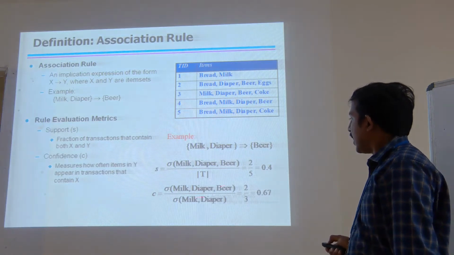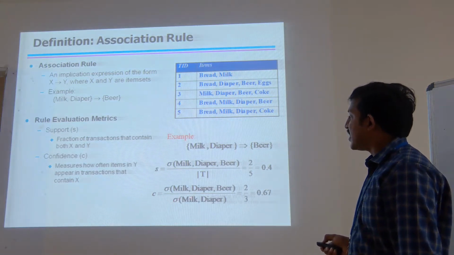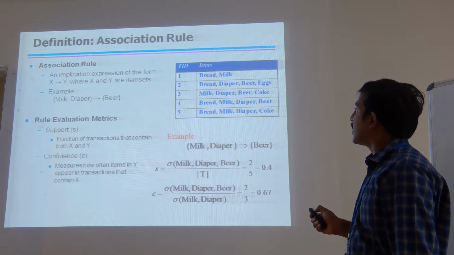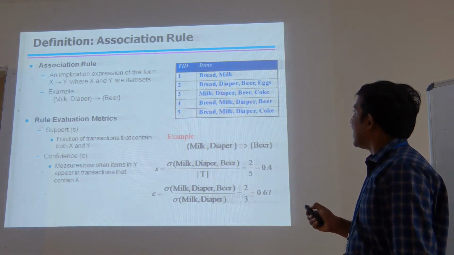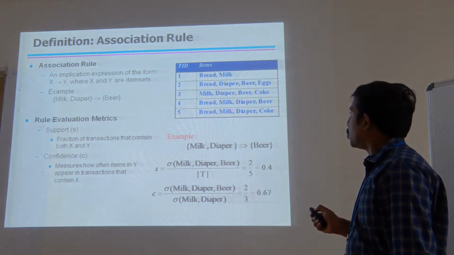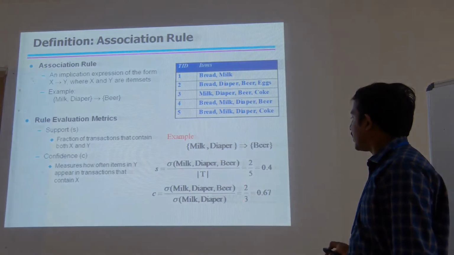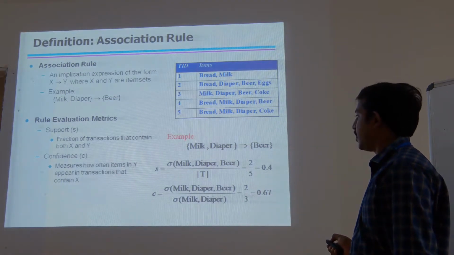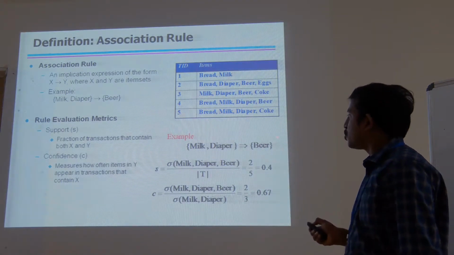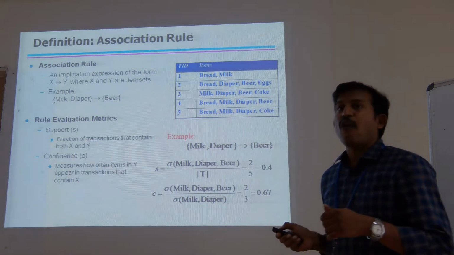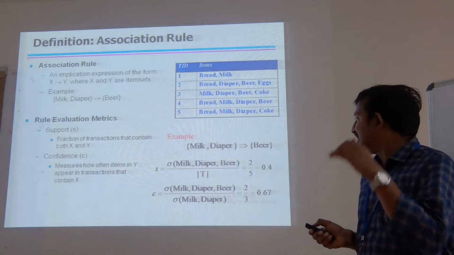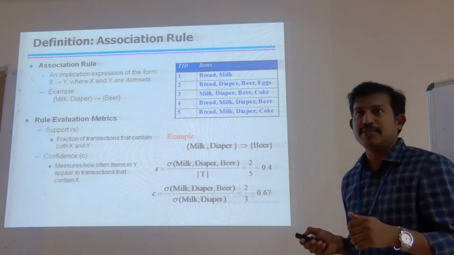Next, in how many transactions does milk, diaper appear? Milk, diaper appears in 3 transactions: 1, 2, 3. So 2 by 3, that is equal to 0.67. For this association rule, we have 40% support and 67% confidence.